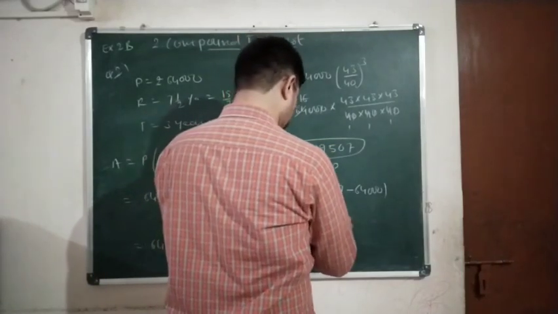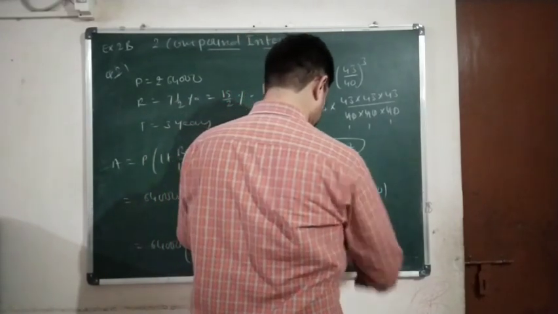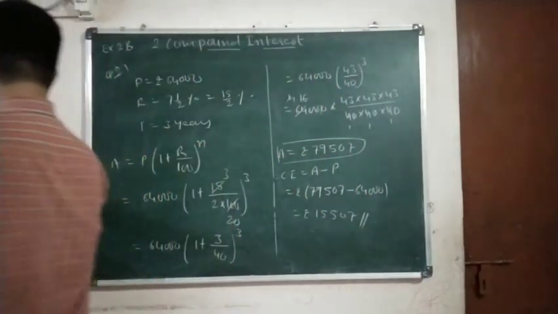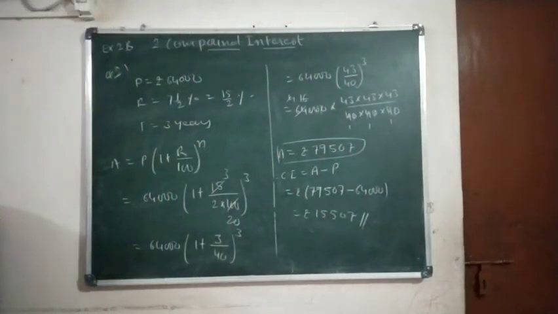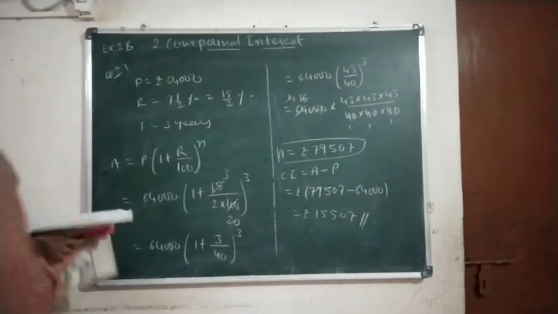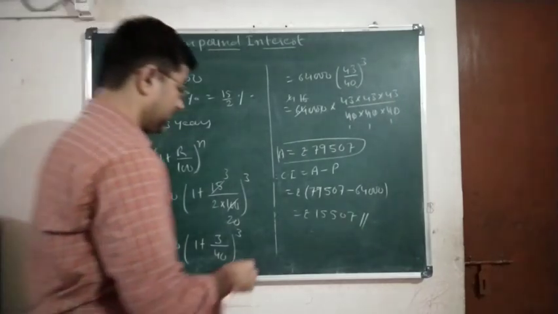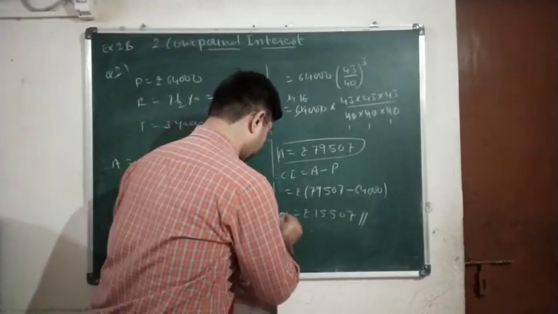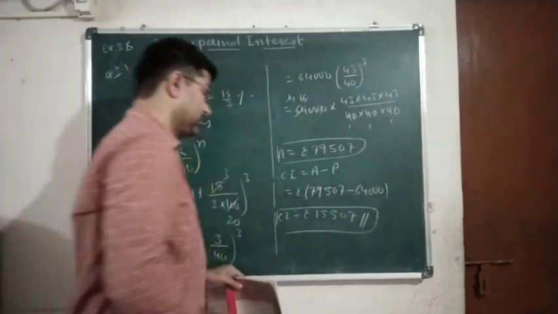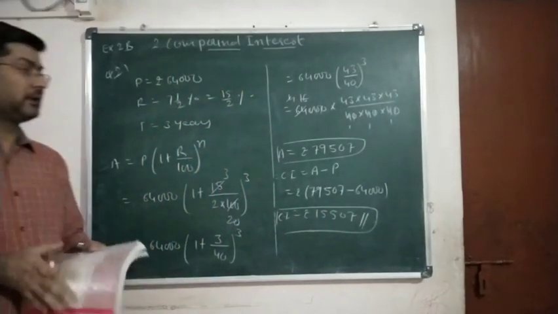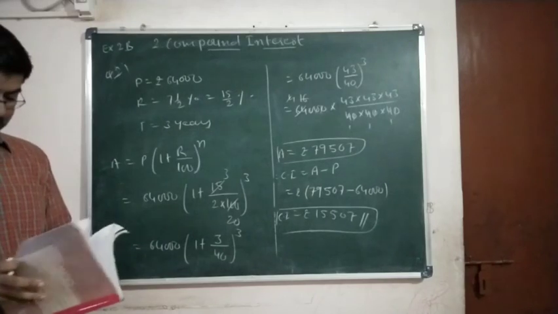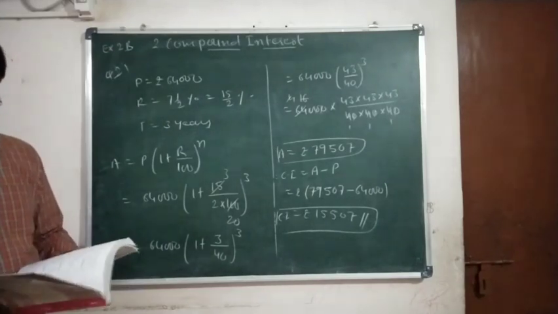So 15,507. Clear? So this is the answer. This is CI. 15,507 is CI and amount is 79,507.